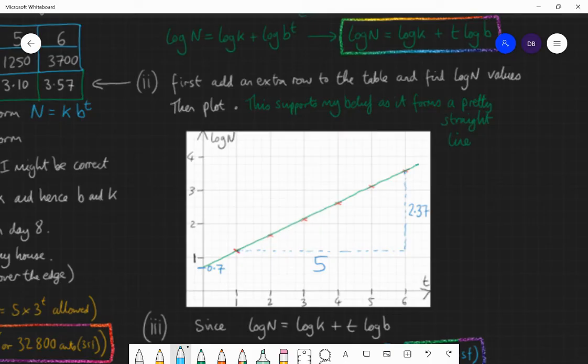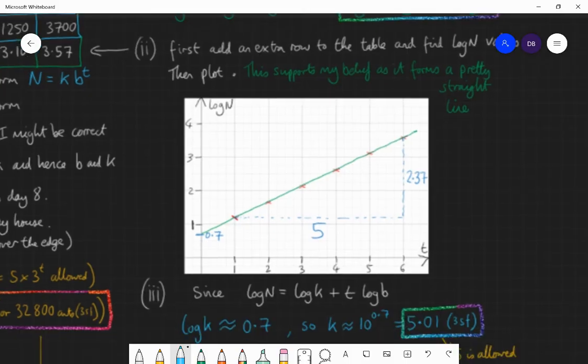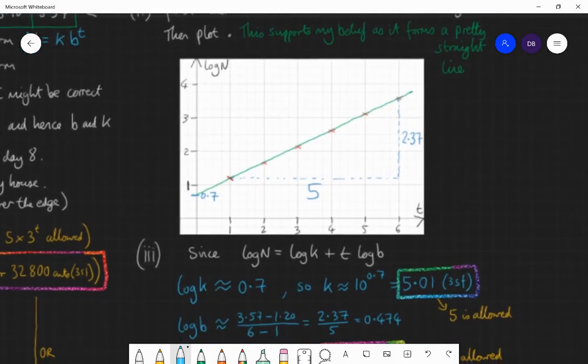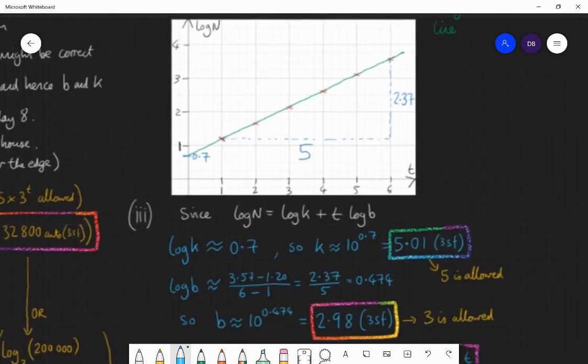good straight line, where the y-intercept is around 0.7, and the gradient is, well, it goes 2.37 up for 5 across, so a good estimate for the gradient is around 0.474, something around 0.48. So when you then do your calculations to find k and b, k is around 5.